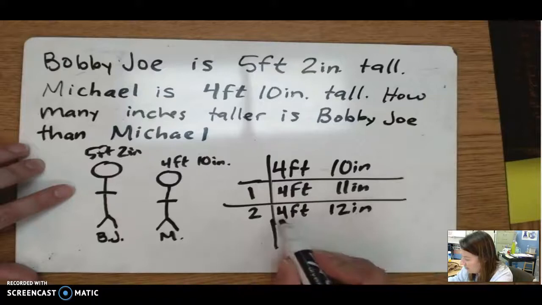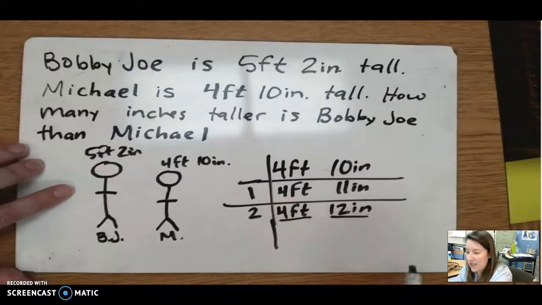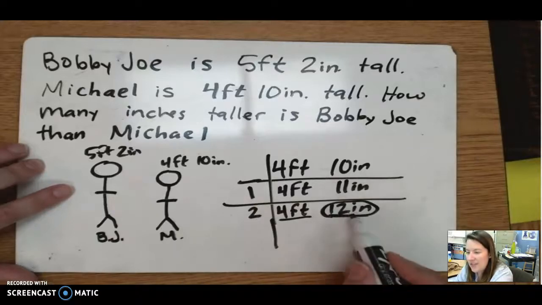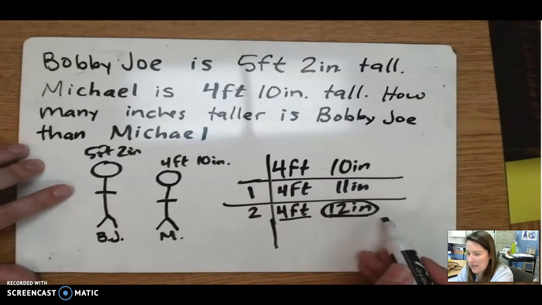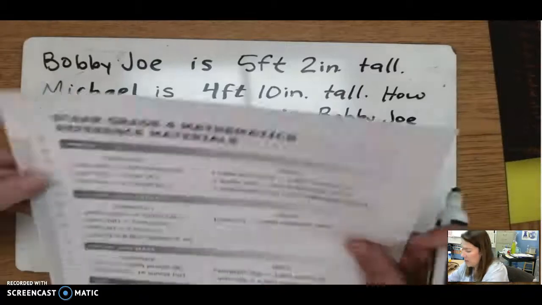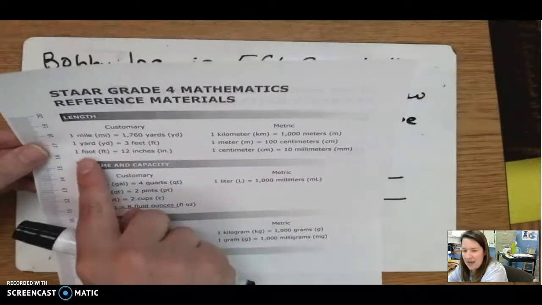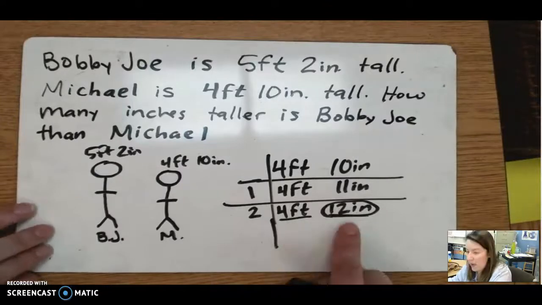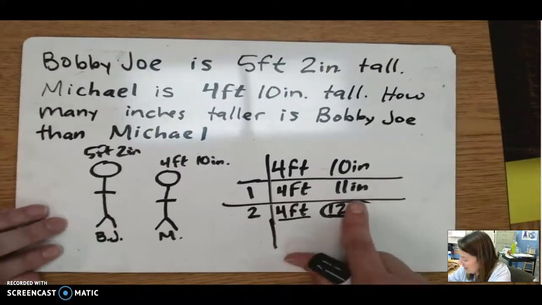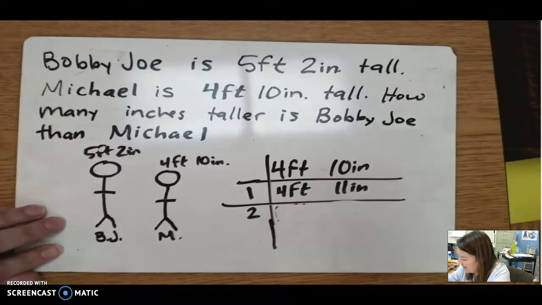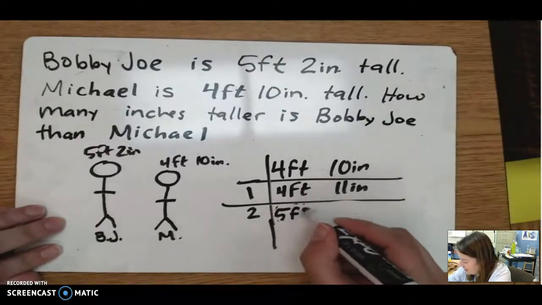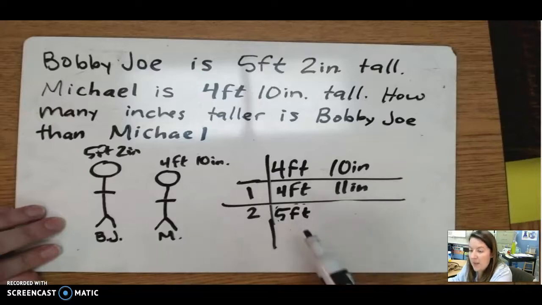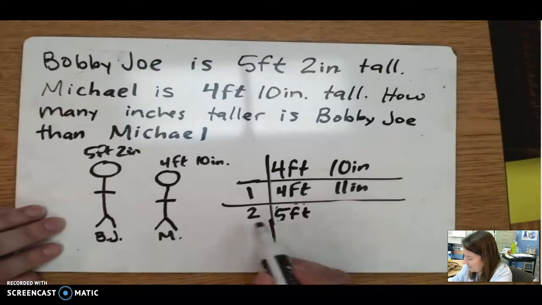Now here's the thing, 4 feet 12 inches. 12 inches is the same as what? Look here, 12 inches is the same as another foot. So instead of saying 4 feet 12 inches, that is the same as 5 feet, right? 4 feet 12 inches is the same as 5 feet.